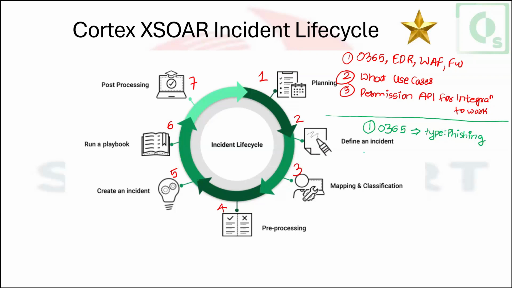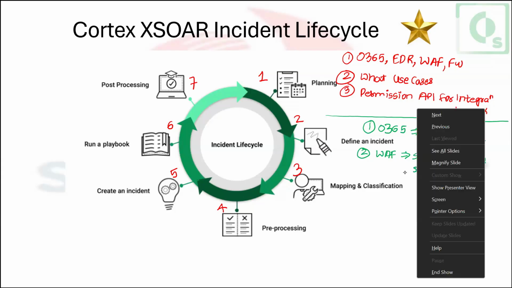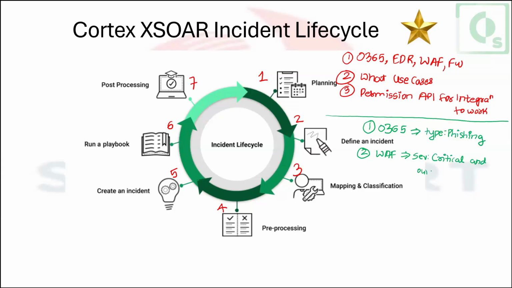If I take one more example, WAF. In WAF, let's say I have SCV as critical. SCV stands for severity, and my source IP is a botnet.